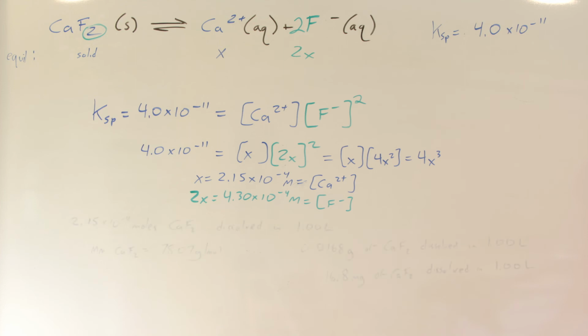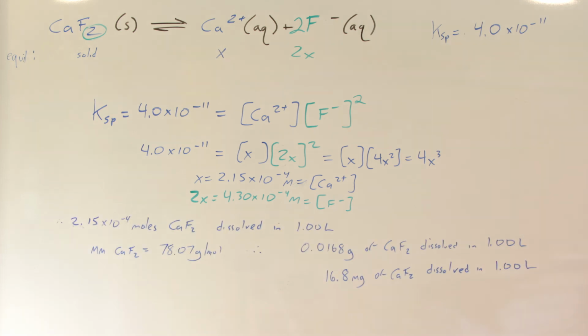All right, so what that means is that since the calcium ion and the original solid are stoichiometrically related 1-to-1, then we can say that because we have 2.15 times 10 to the minus 4 moles per liter of calcium ion, that's how many moles of calcium fluoride as a solid had to dissolve in 1 liter to make that equilibrium solution.